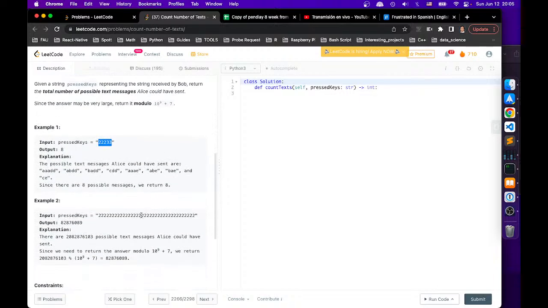Let's see this one. Gosh, monstrosity. The heck is this? Alright, let's code it this way. So we use group by, right? We use group by. We say group by pressed keys, right? And for this g in this, I want to do len g for this in this, and what we're gonna do is have a mod of 10 to the 9th plus 7, right?